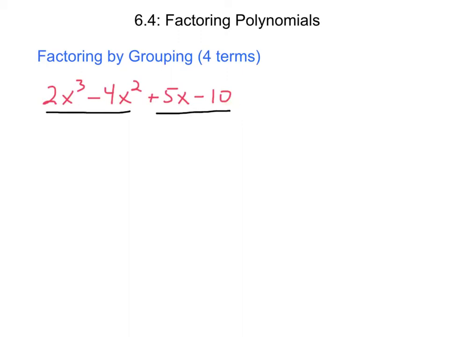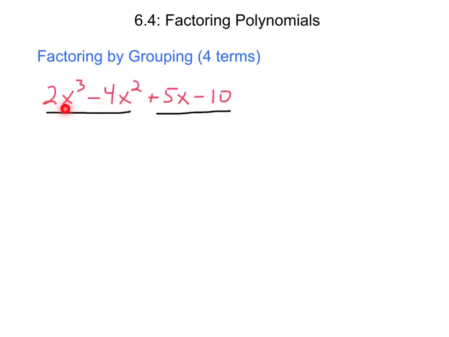I'll just underline them. And what you want to do is just look at the first 2 terms and find out what the greatest common factor is. So just looking at the 2x cubed and the negative 4x squared, you want to take out the GCF of just those 2. Now obviously the 2 is a GCF because 2 divides evenly into 2 and 4.